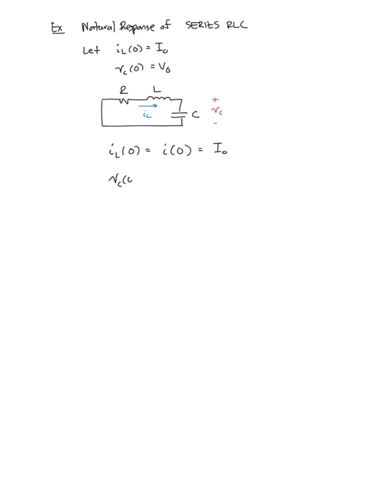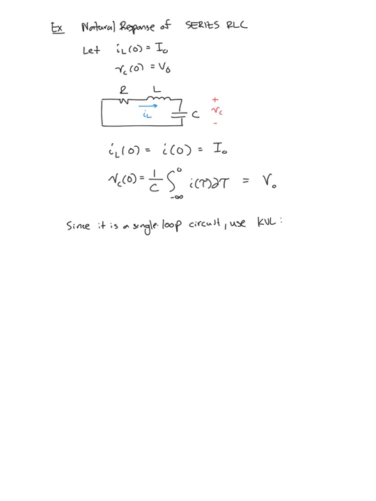And the voltage across the capacitor is related to that current as 1 over the capacitance times the integral, at time 0, evaluated from negative infinity to 0 of I, and that integral evaluates to voltage V naught as given in the problem. And since this is just a single loop circuit, we know from our past experience that all we need is a single KVL expression in order to solve this problem.